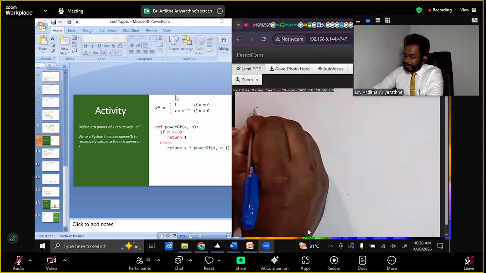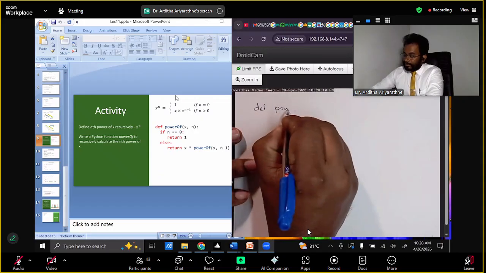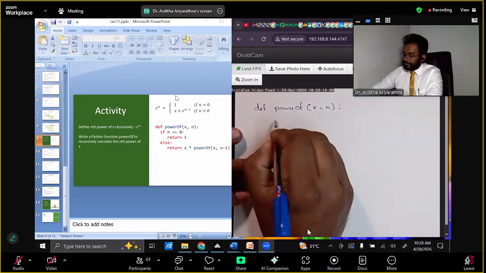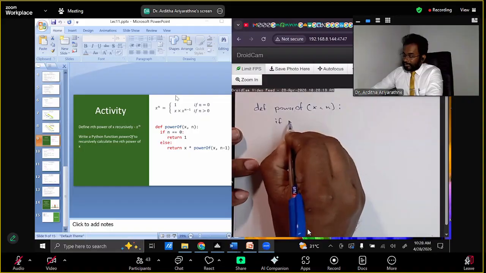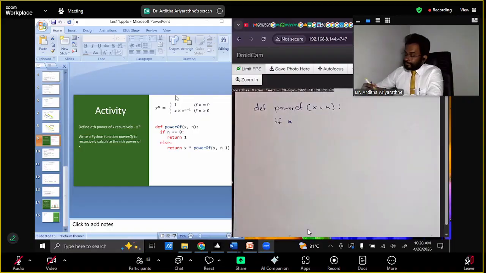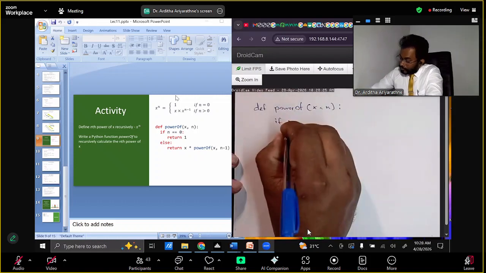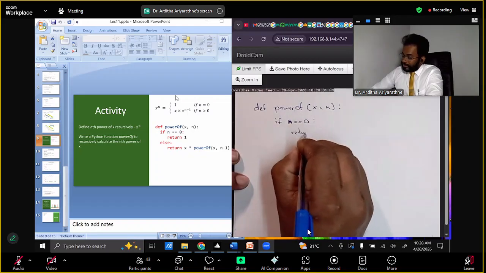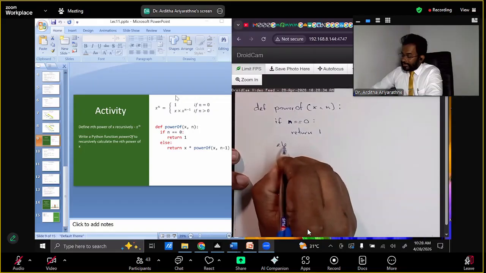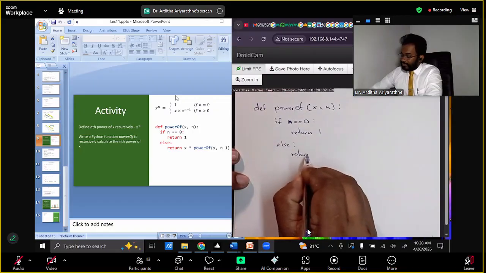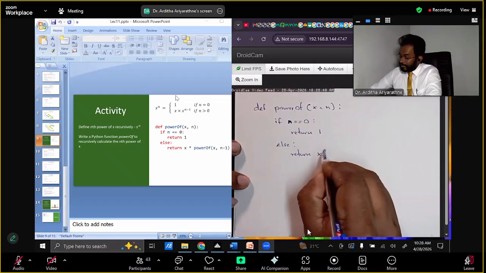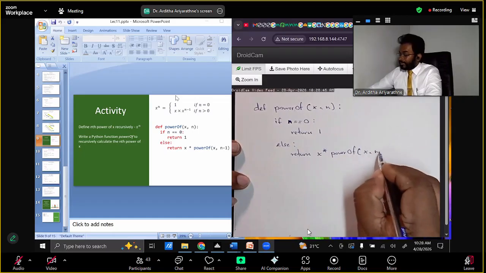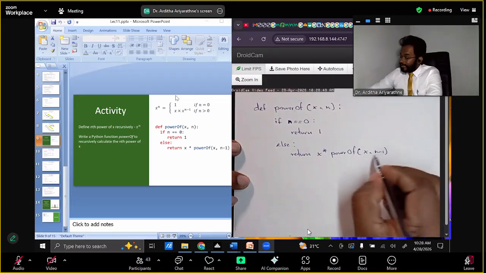Here, the same program: def power of x and n, if n is equal to 0, return 1, else return x multiplied by power of x, n minus 1.